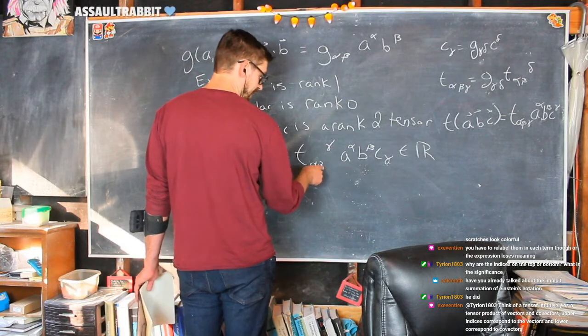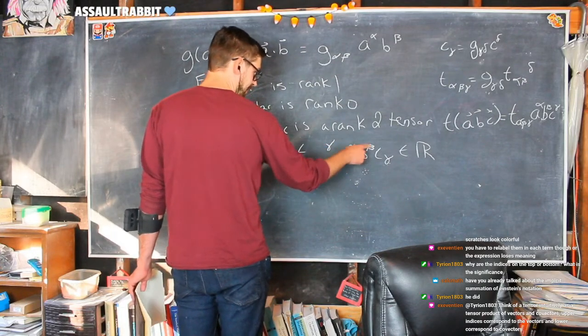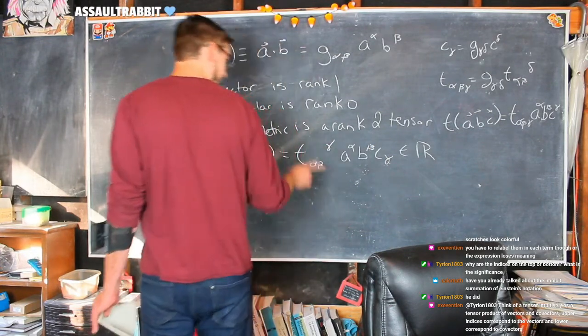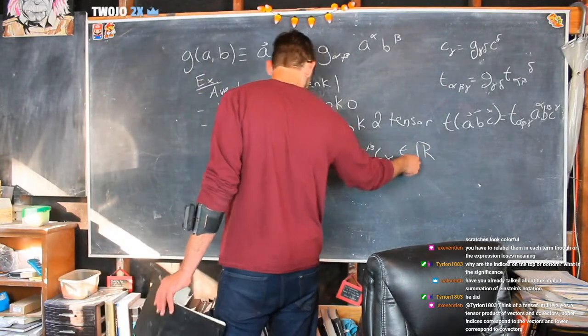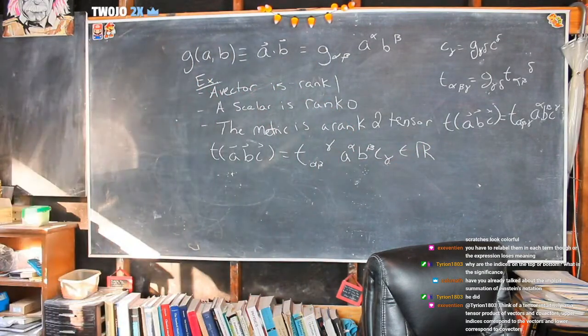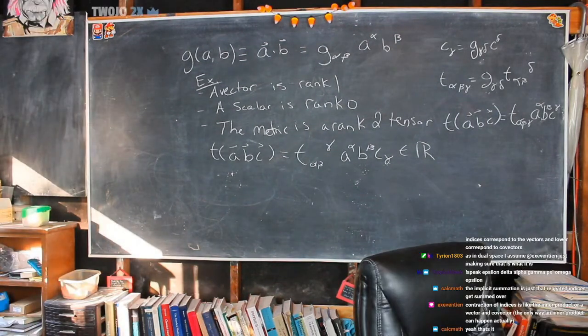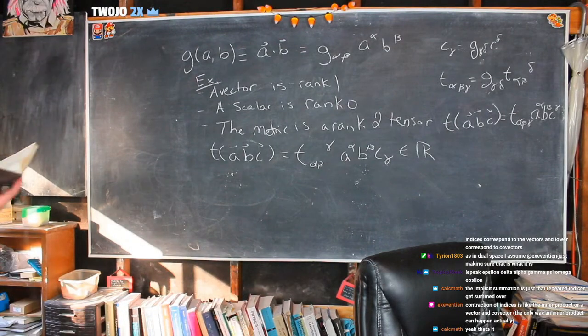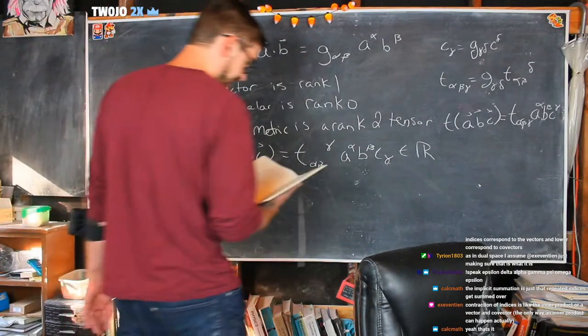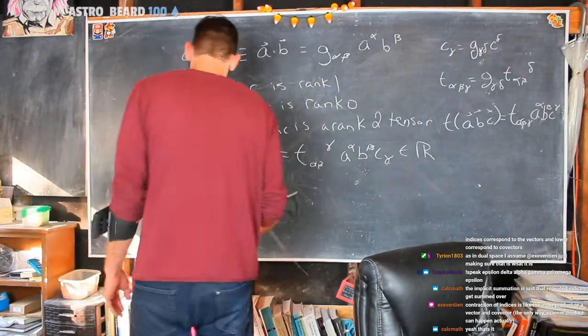If I had alpha, beta, gamma, and then alpha, beta, delta, then this would not equal some real number. The two indices would contract, and I'd have a different tensor. So this essentially shows us how we can raise and lower indices using certain tensors.